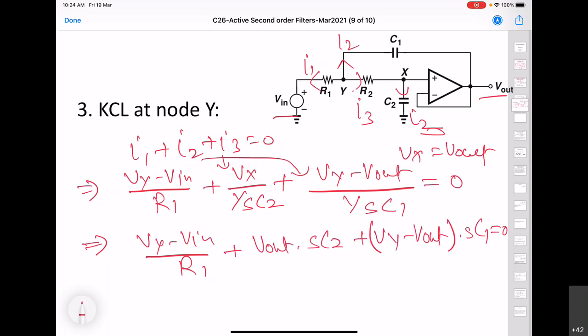So here what we have is the unknown Vy appearing in this equation. This unknown Vy can be eliminated using equation 2, which we obtained earlier.